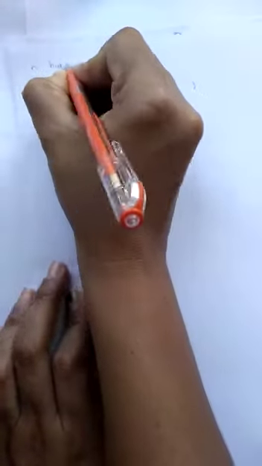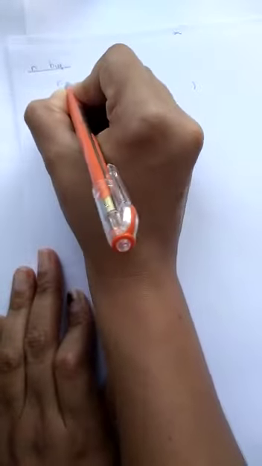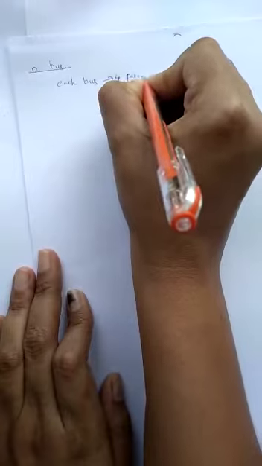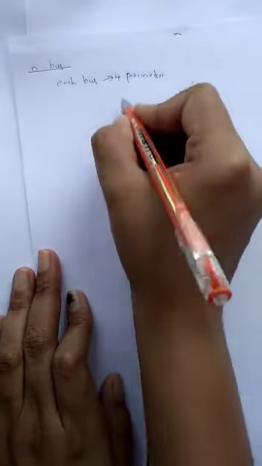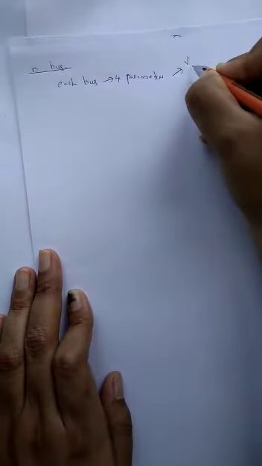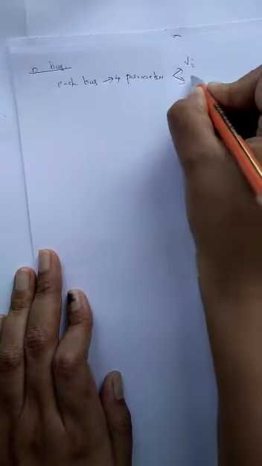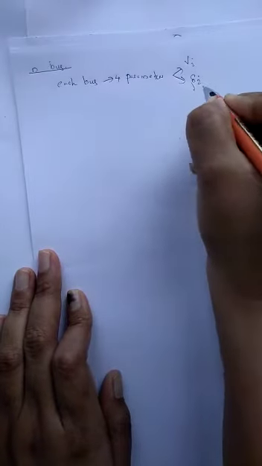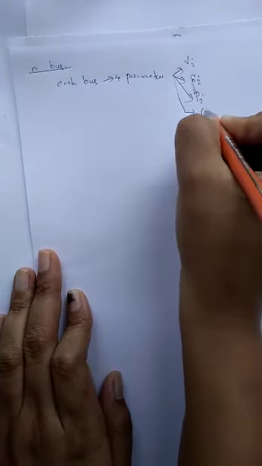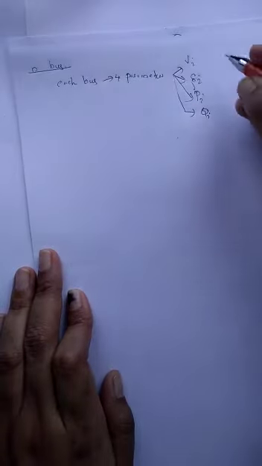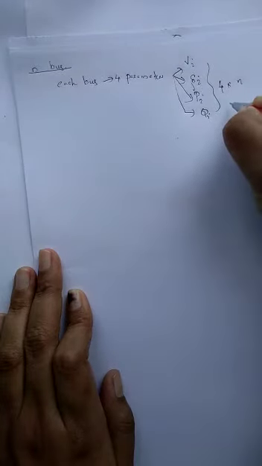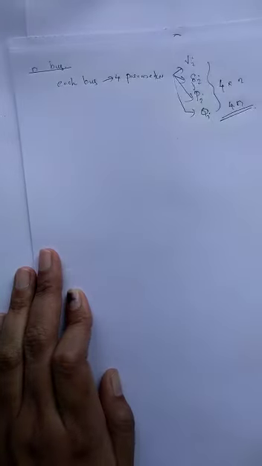Each bus has 4 parameters: the voltage magnitude, the angle of voltage delta i, the active power component and the reactive power component. So for n buses we will have 4n variables.